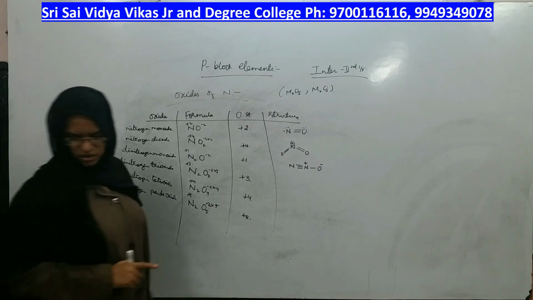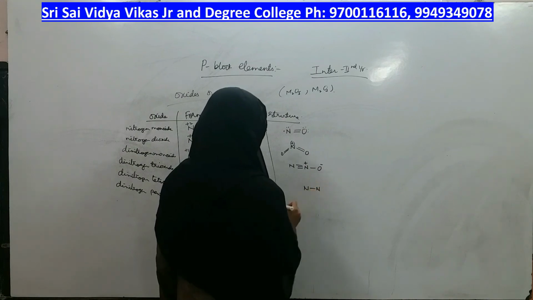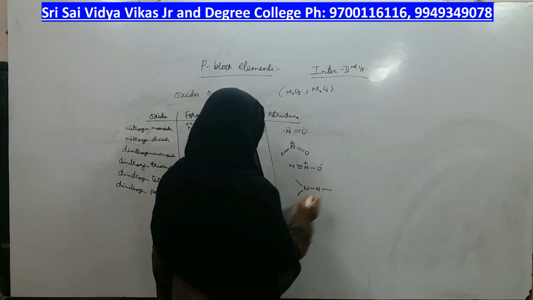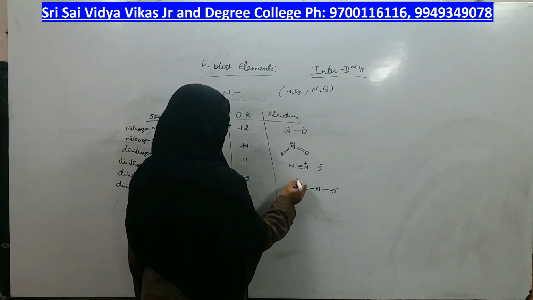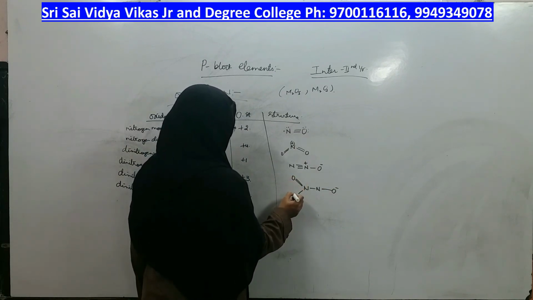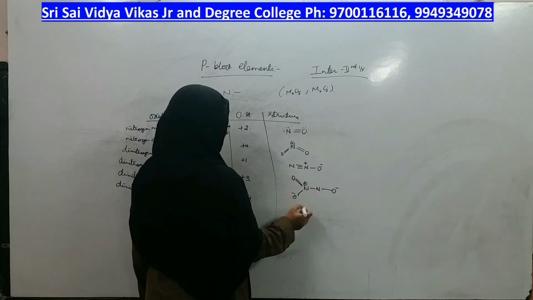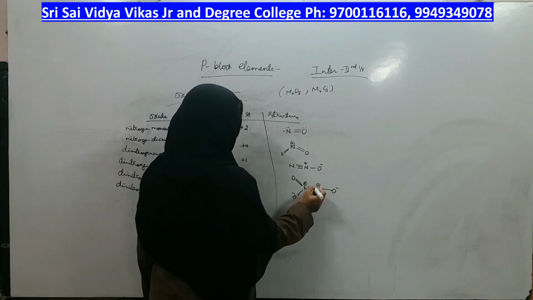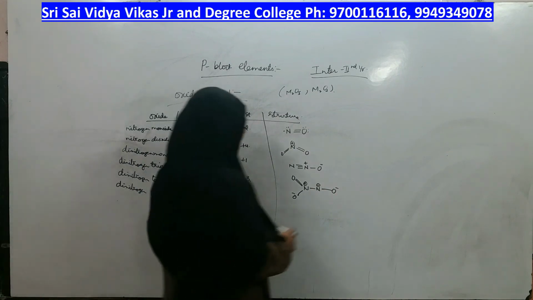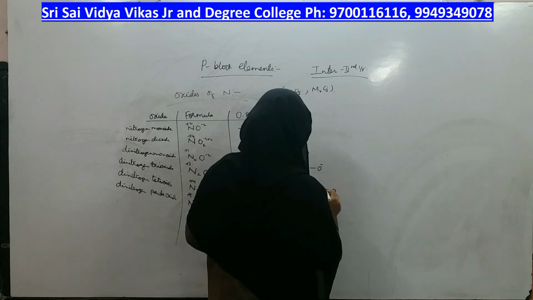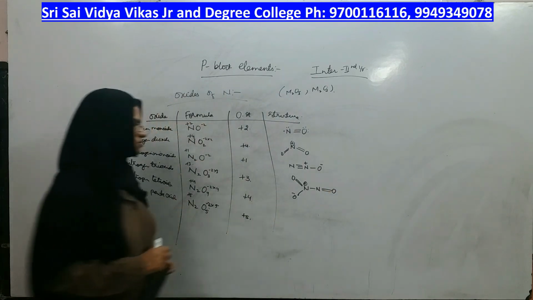What next? Dinitrogen trioxide is there. Trioxide. Here you write minus. 1, 1, 2, 3, 4, that means plus charge. Minus will not be there. So let us take this only. So it is neutral. Right?